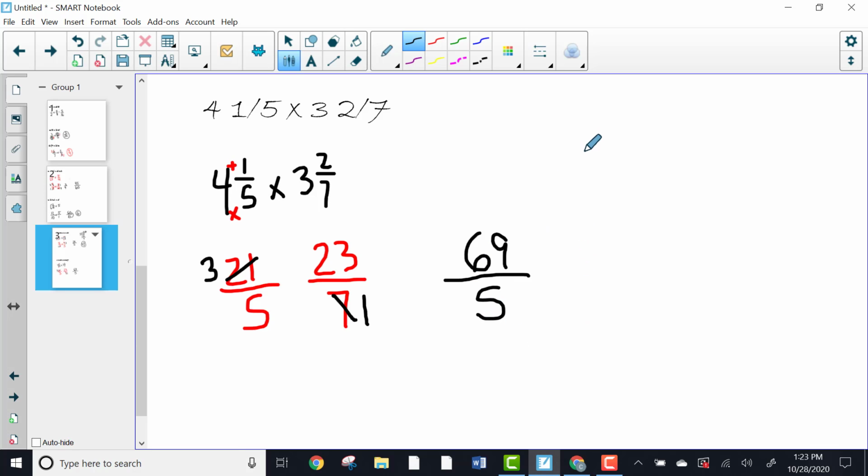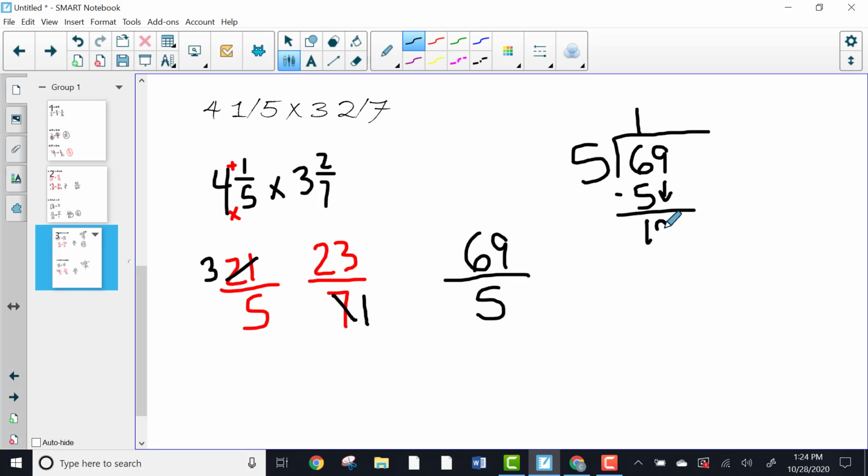Now I can set this up, make it into a mixed number. 5 into 69. 5 into 6 goes 1 time.